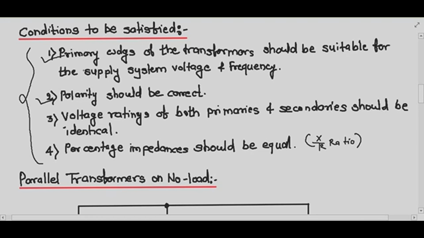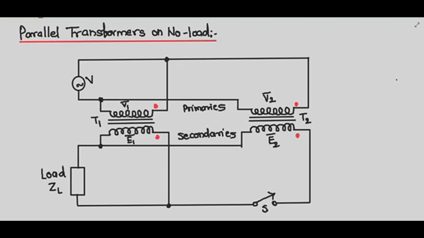Now let us see, students, the parallel transformer on no load. This figure shows the parallel connection of two transformers, T1 and T2. The transformers are paralleled on both sides with the proper polarities. The primary voltages V1 and V2 are both equal. If the voltage ratios of the transformers are not equal, then the induced secondary voltages E1 and E2 will not be equal, and the difference E1 minus E2 will appear across this switch S. When I close the switch, due to the difference of E1 and E2, the circulating current will start flowing.